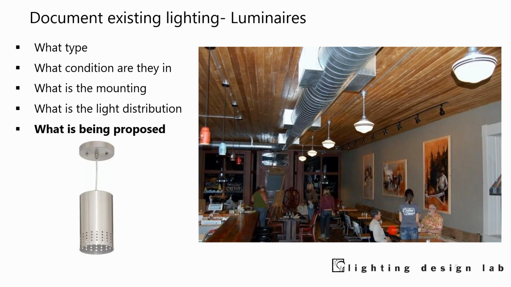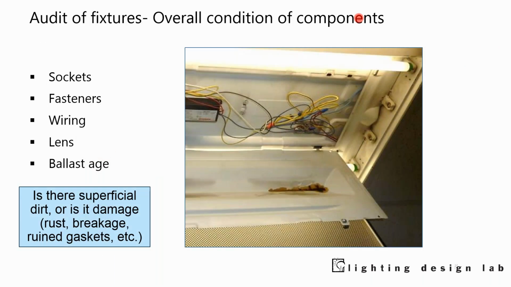There may be some other reason that they like it, but let them know that it's not going to light the ceiling. Their ceiling will be dark, which could be good. And it'll change how the space feels. So there's aesthetic reasons and functional reasons why you want to know about the distribution of the existing lights.